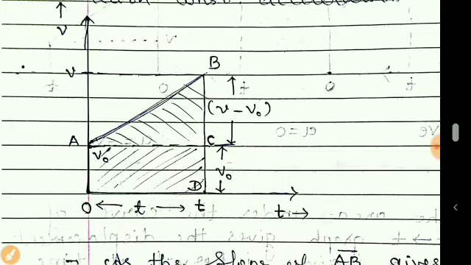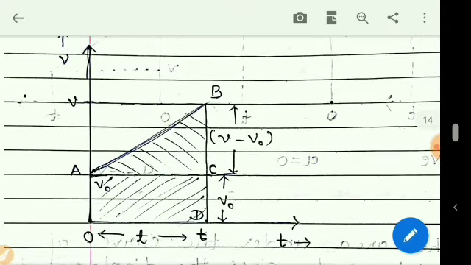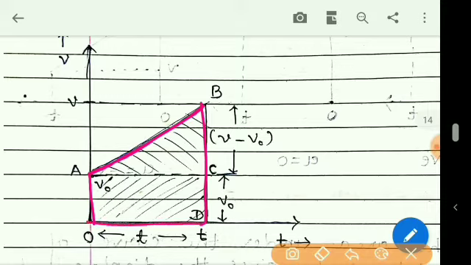Now students, we know that if we find the area under this graph, means for this graph AB line, the area under this will give us information of displacement, that I told you earlier. What does the area of a velocity time graph give us? That will give us displacement.